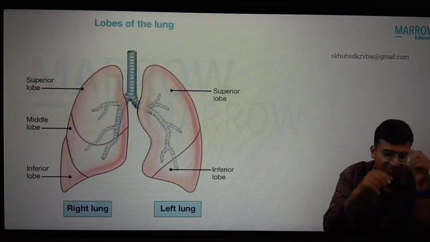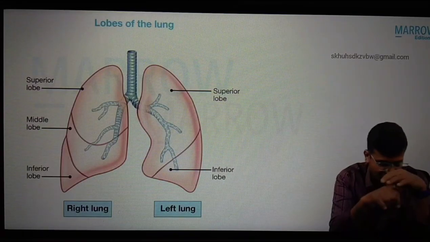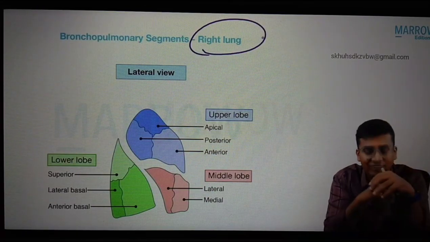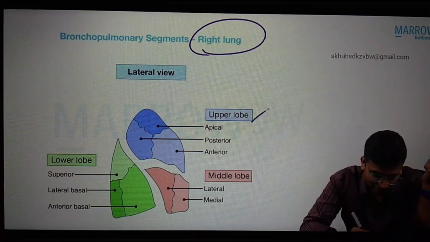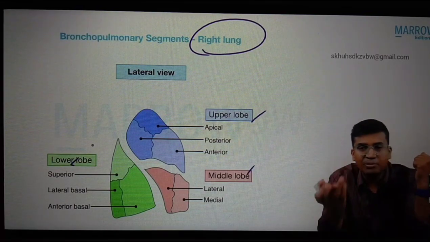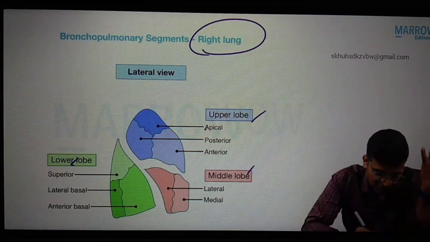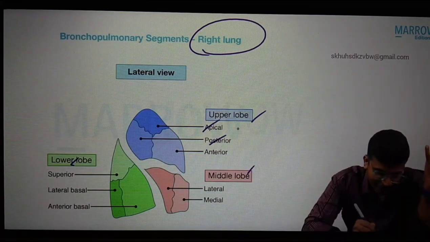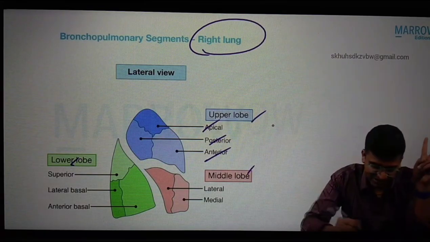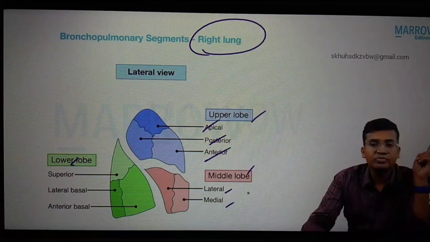Now, next one. What are all the bronchopulmonary segments we have in the right side and left side? In the right lung, we have upper lobe, middle lobe, and lower lobe. How many segments are present in the upper lobe? We have 3 segments: apical, anterior, and posterior. Middle lobe, 2 segments: lateral and medial.